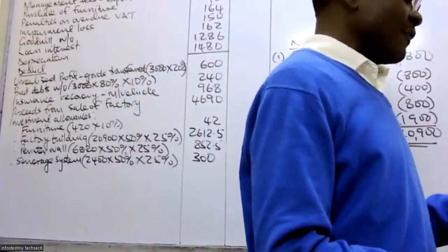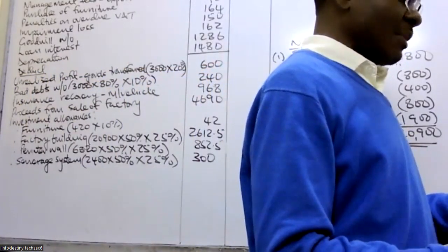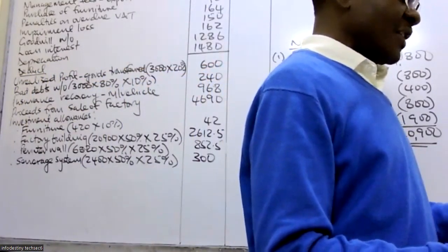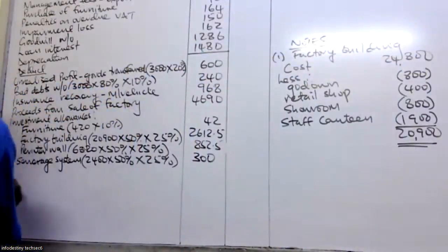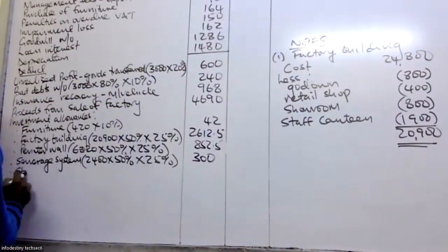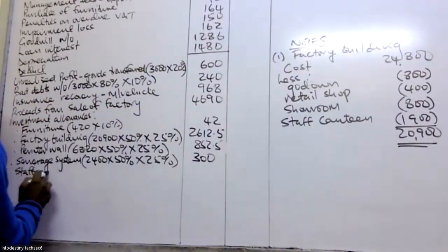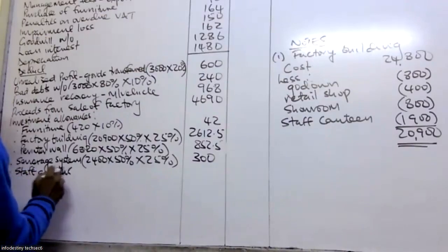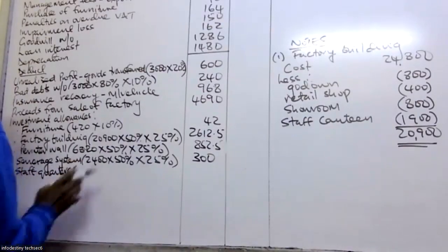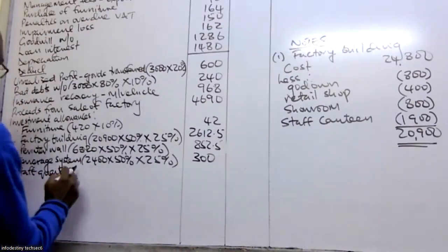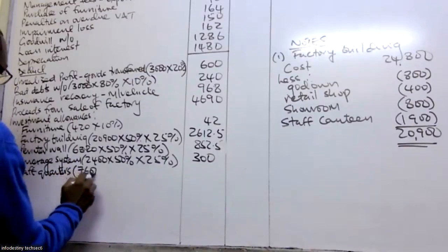Then you have staff quarters. Staff quarters is a commercial building. The rate is 10%. So we bring in staff quarters. So the cost for staff quarters was 7,600.